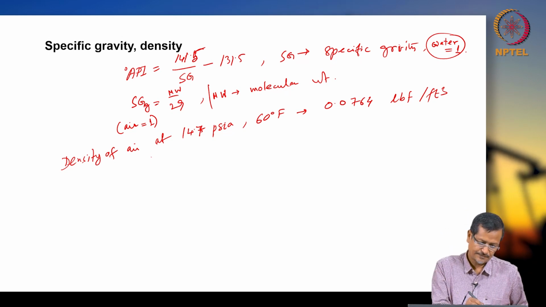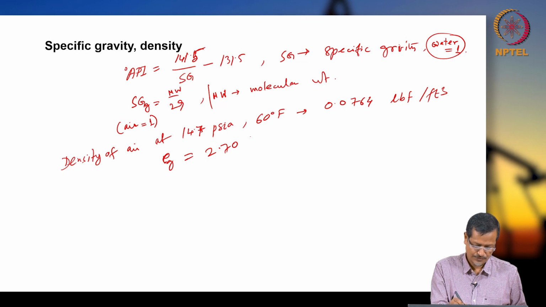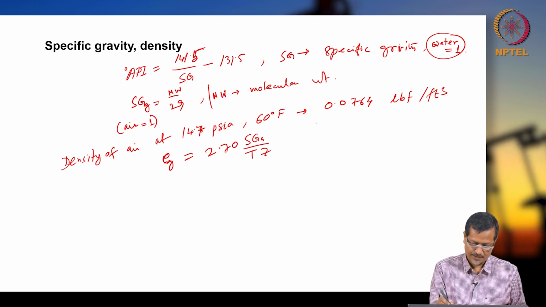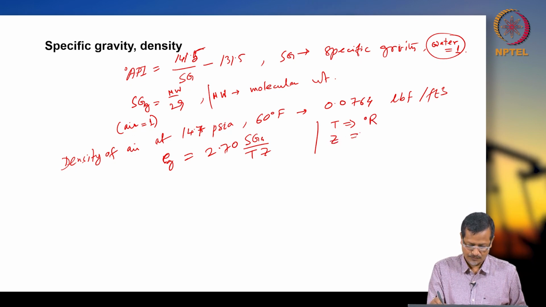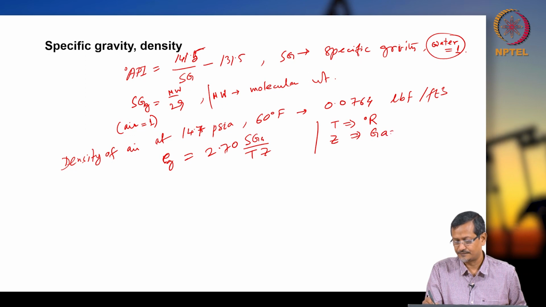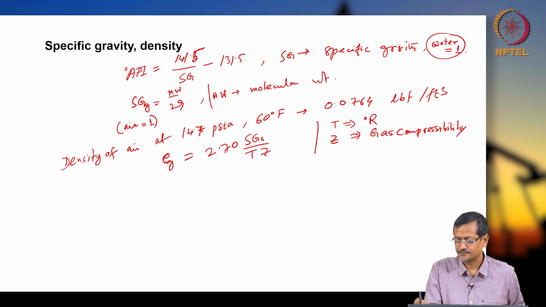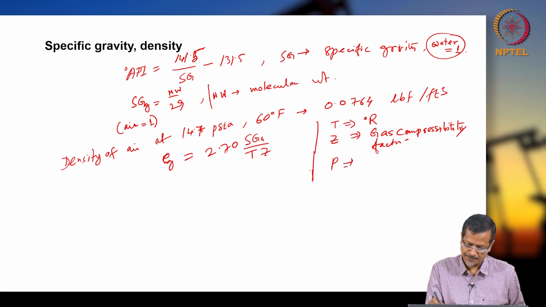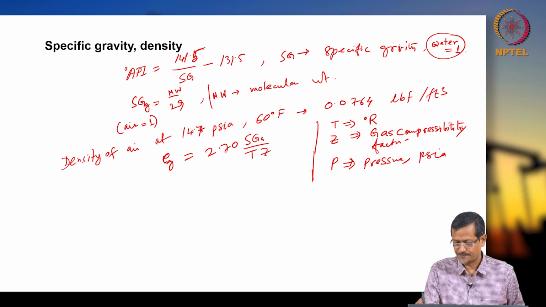So, rho g equals 2.70 SGg P by TZ. T will be in degree Rankine, Z is the gas compressibility factor, and P is pressure in psia.